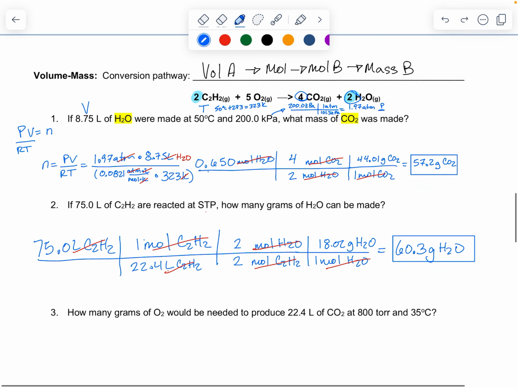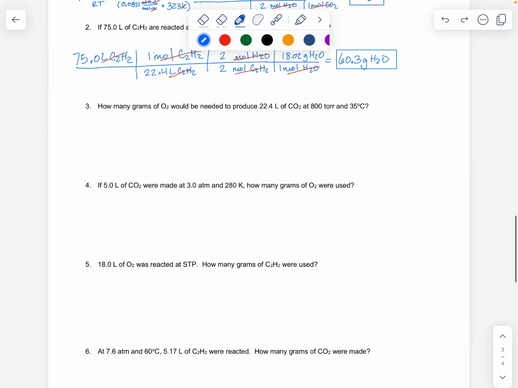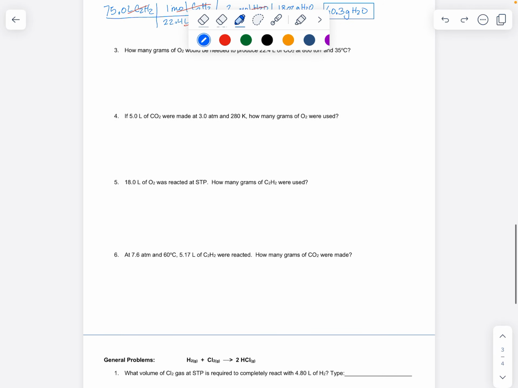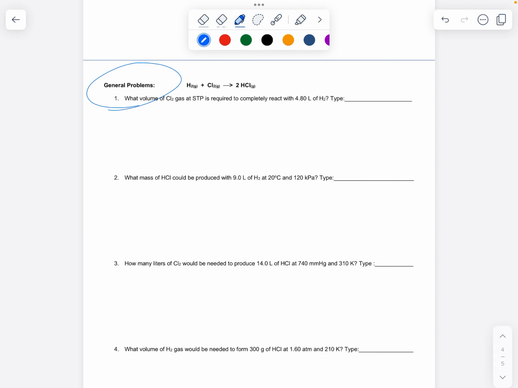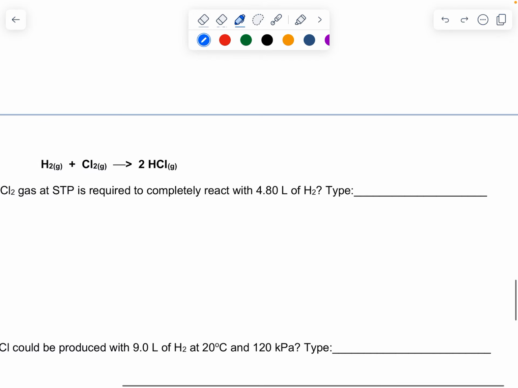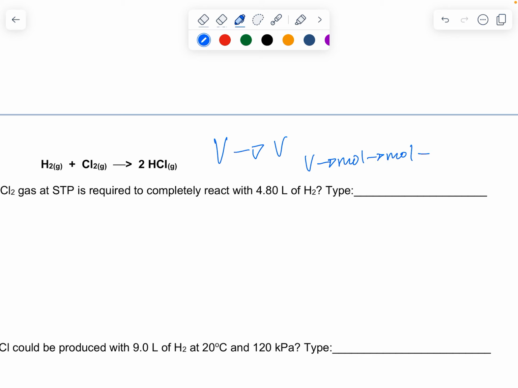Again, with the videos that we've provided, you should be able to do the rest of the worksheet. I know these are challenging questions, but I know you guys can do them. If you look at the next page, these are general problems. All that means is it's going to be a mix of a bunch of different things. Those could be volume to volume questions. Those could be volume to moles to mass, kind of like the question we just did.